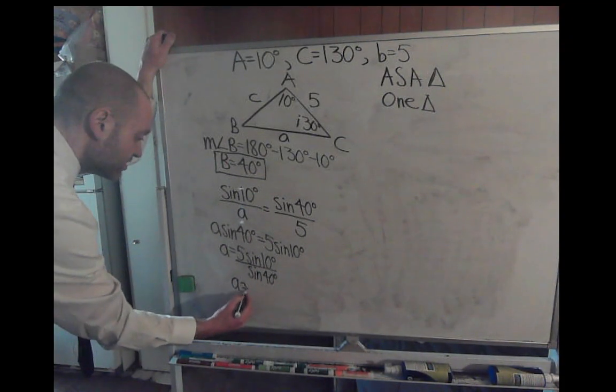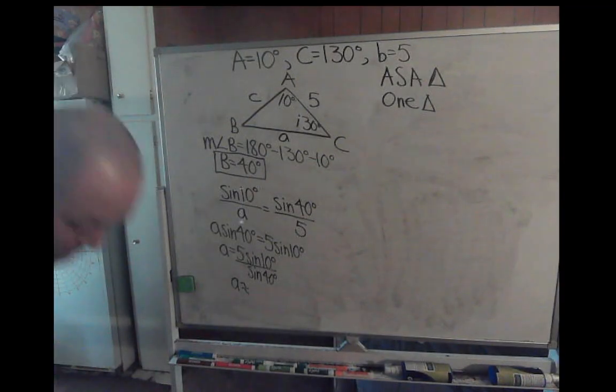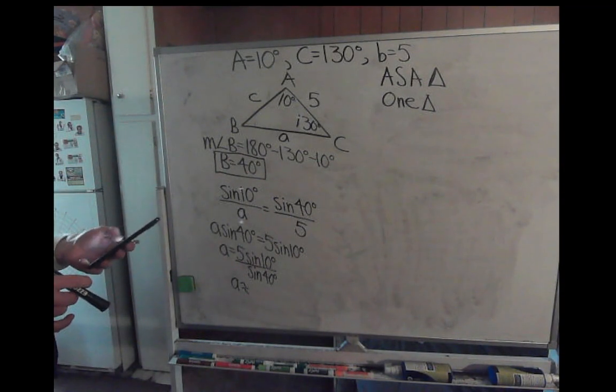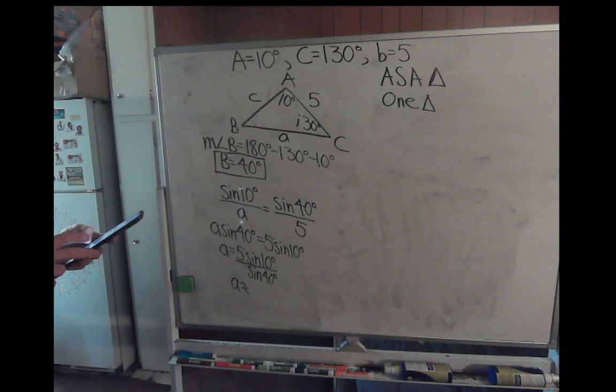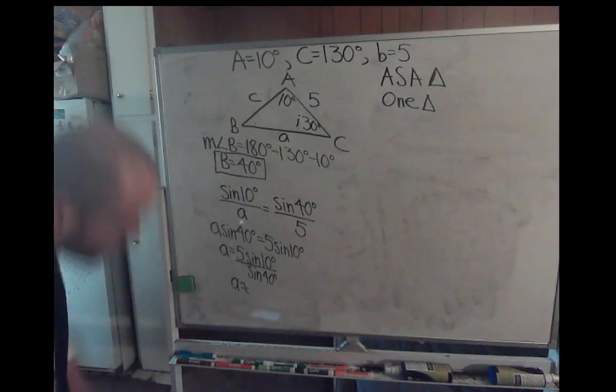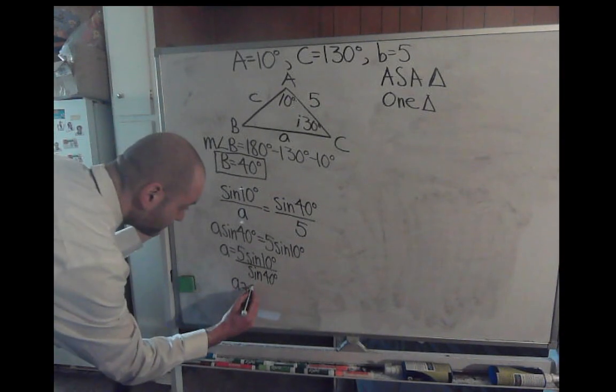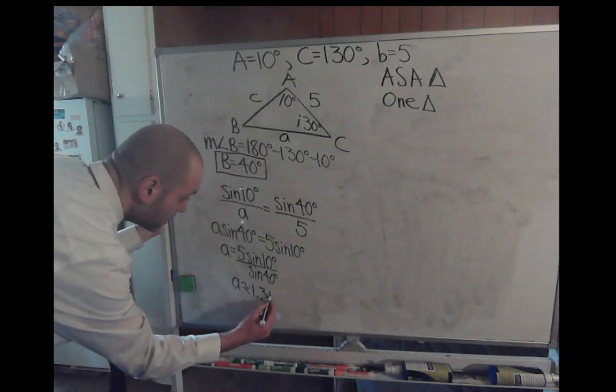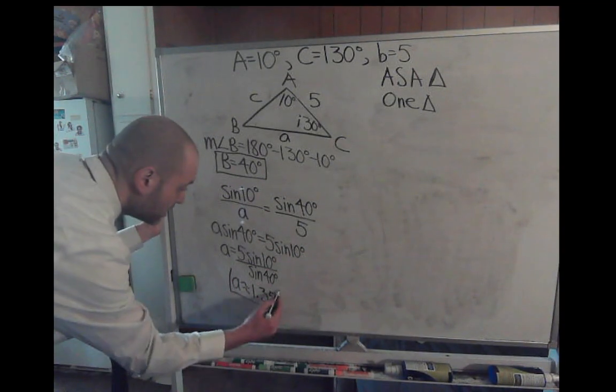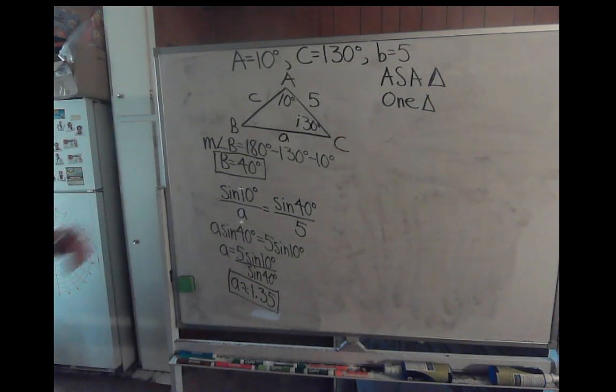So now we can get a 2 decimal place approximation for side A. You get about 1.35. So side A would be about 1.35.